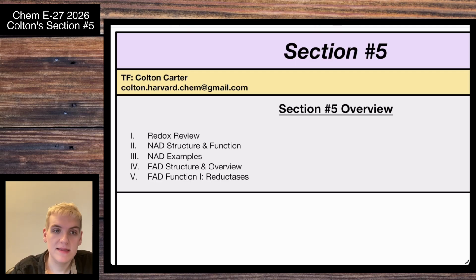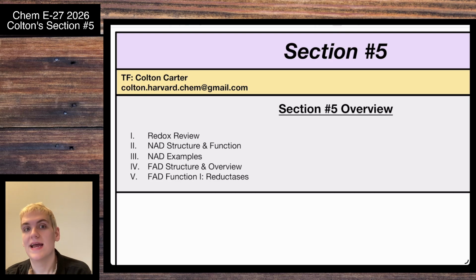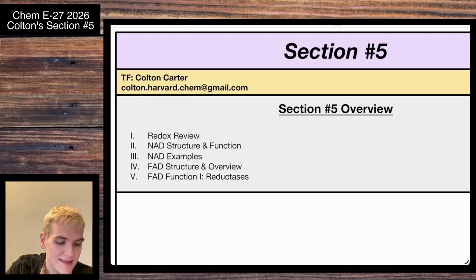NADPH turned into NADP, and then we never reformed NADPH, right? Flavins, because they are locked up, stationary in the enzyme, we need to reset them just the same way that we reset the active site for a catalytic triad. So we would say that this is a redox catalyst versus NAD and NADH just being used up.